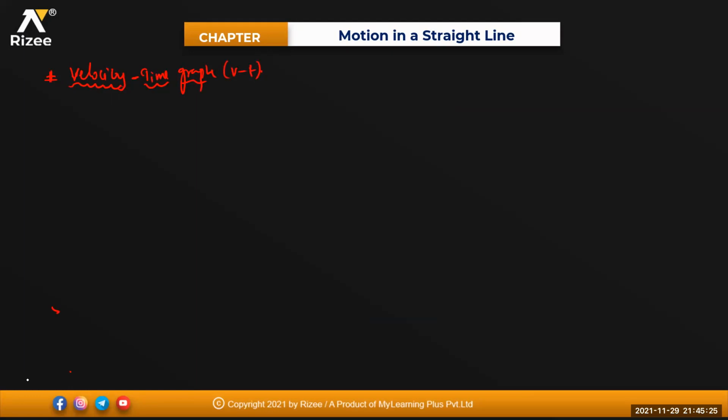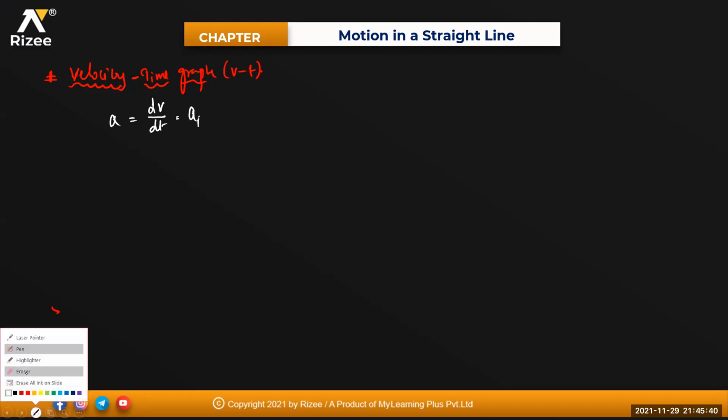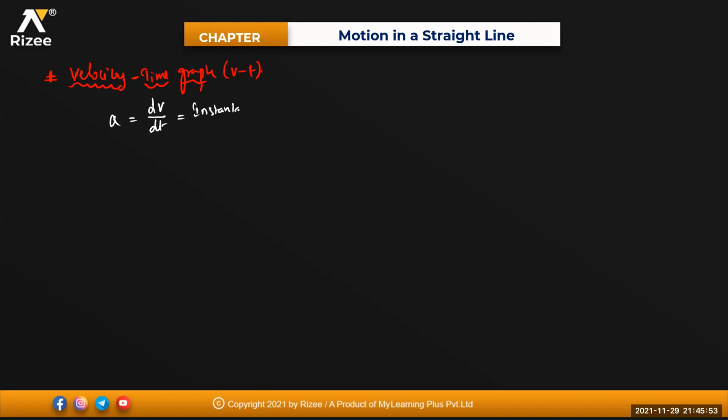So slope of velocity will give me what, beta? Acceleration. A is equal to dv by dt. That will be giving me what type of acceleration? Instantaneous acceleration. Okay. A is equal to dv by dt will give me instantaneous acceleration.